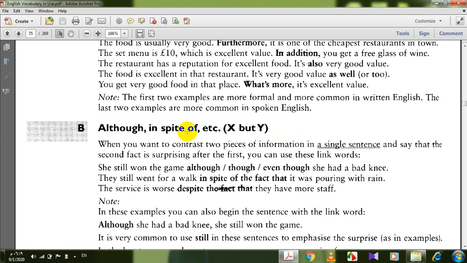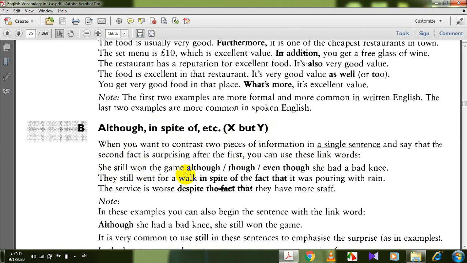So something happens in contrast to our expectations. What we expected didn't happen. So the second part of the sentence is surprising. So you can use these link words.